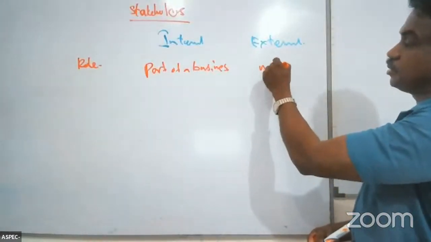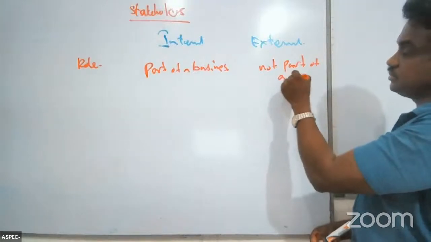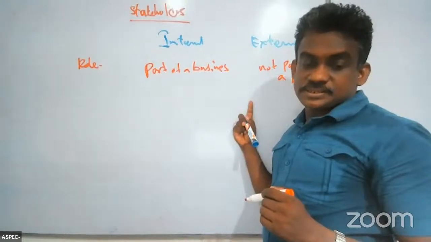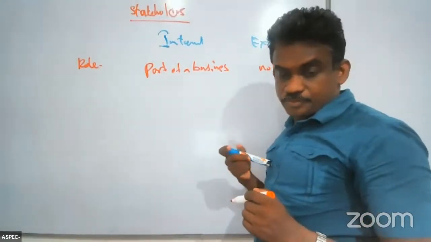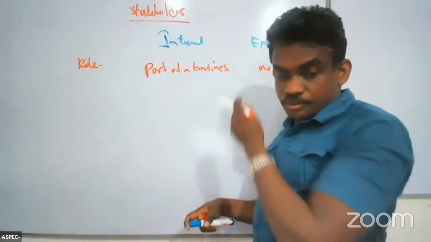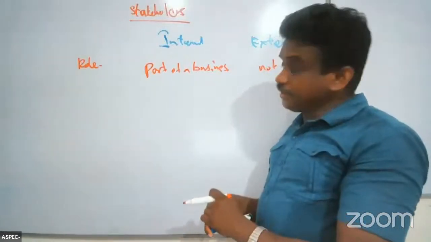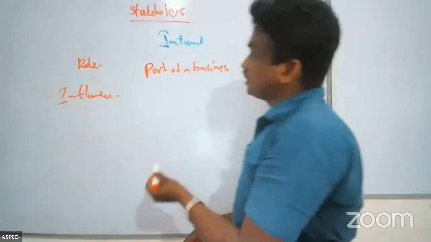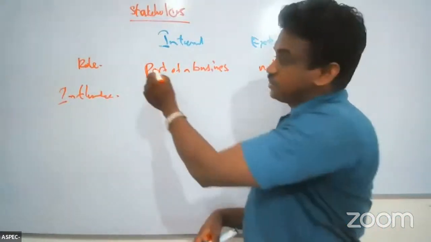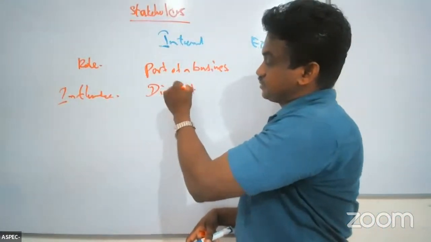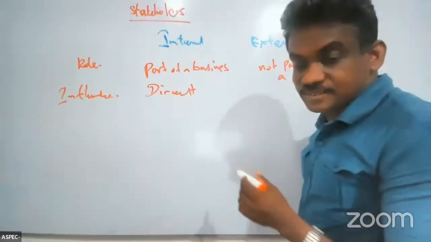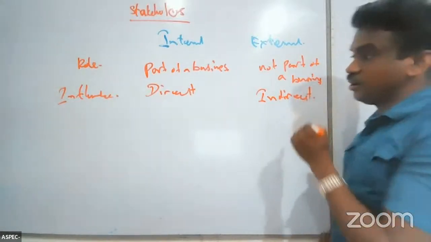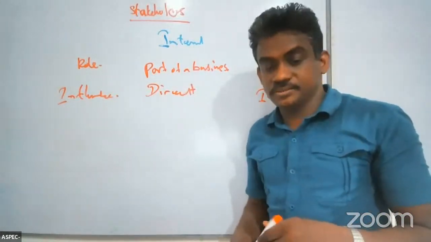External stakeholders are not part of the business, maybe part of other companies. Next, the kind of influence. Internal stakeholders have direct influence. External stakeholders have indirect influence. All these things are included in your tutorial, so refer to it, right?